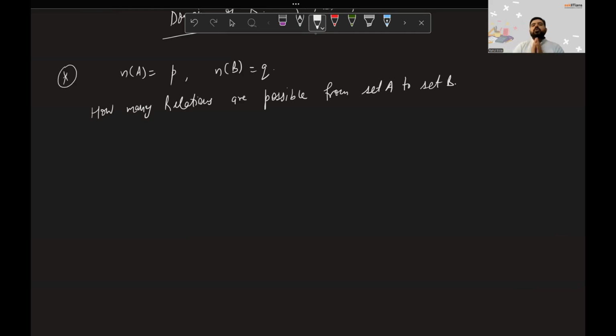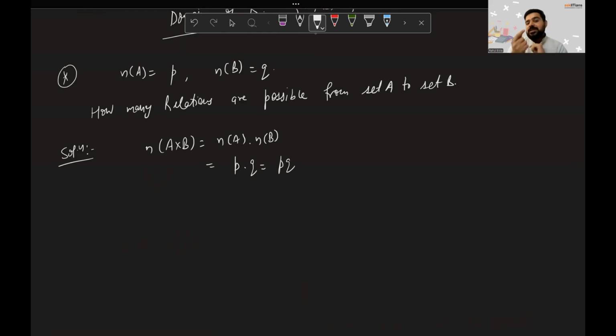I told you that a relation is a subset of the cross product. So firstly, we need to figure out how many elements are there in A cross B. As we discussed in the last class, the number of elements in A cross B is the number of elements in A multiplied by the number of elements in B, which is P into Q. So we'll have PQ elements in the A cross B set.